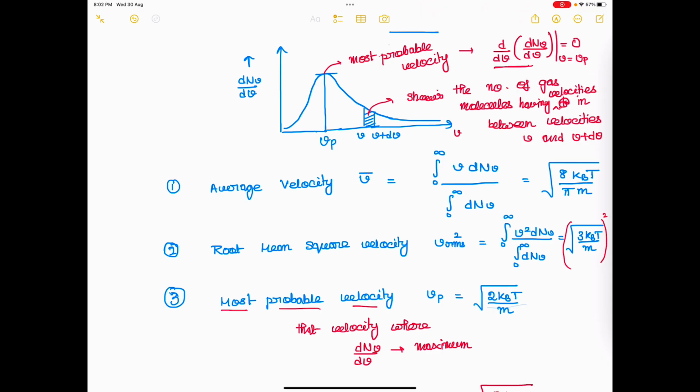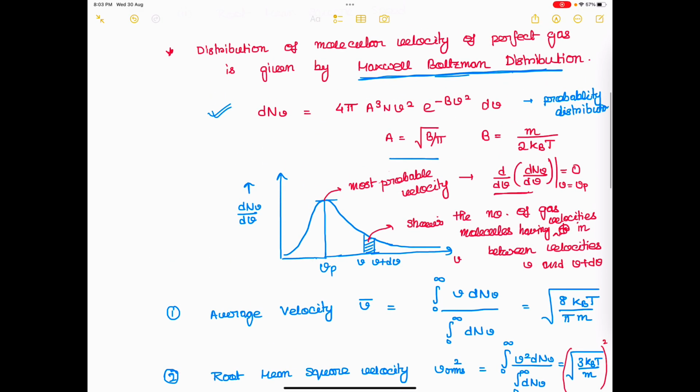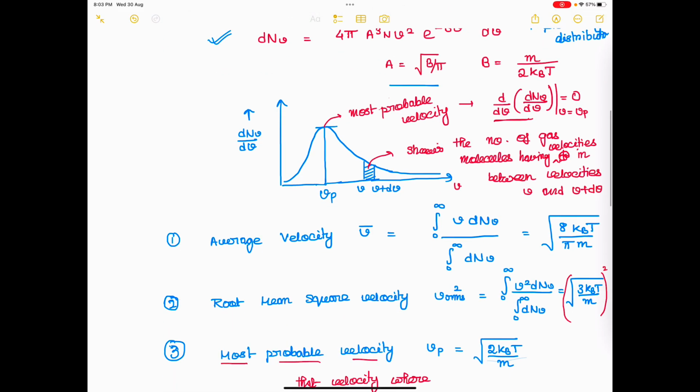Average velocity V bar is the typical definition of the average: integral from 0 to infinity of V dN_v, divided in the denominator by the integral from 0 to infinity of dN_v, because remember, in the dN_v expression we have dv also. That results in root over 8 kBT by pi m as the expression of the average velocity.